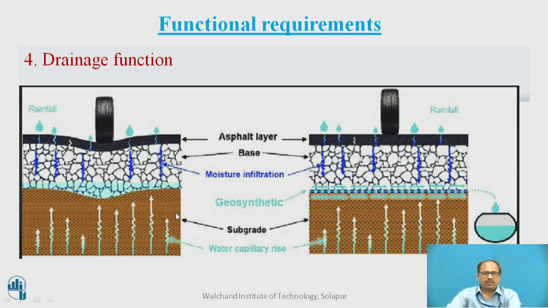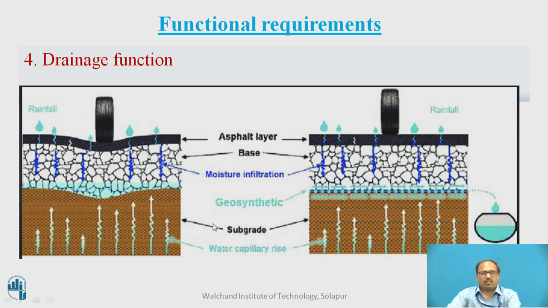For example, you can observe this typical case. If rainfall water percolates through the asphalt layer, it is transferred to your base, and then again transferred to your subgrade. What will happen? The complete subgrade is lost when you apply some stresses.